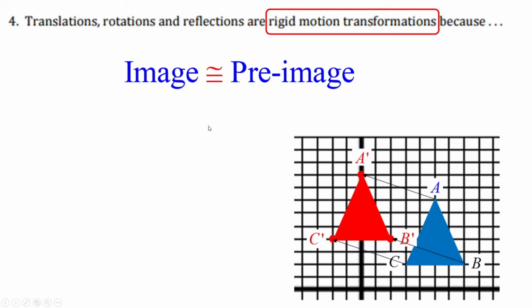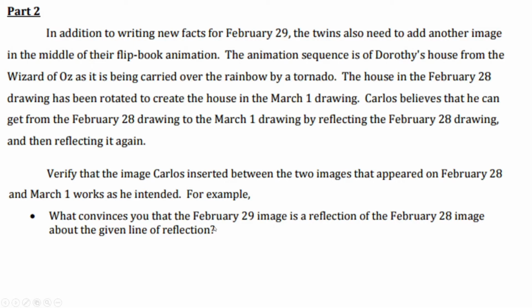Okay? Now, part 2. In addition to writing new facts for February 29, the twins also need to add another image in the middle of their flipbook animation. We talked about that right at the beginning. The animation sequence is of Dorothy's house from The Wizard of Oz as it is being carried over the rainbow by a tornado.